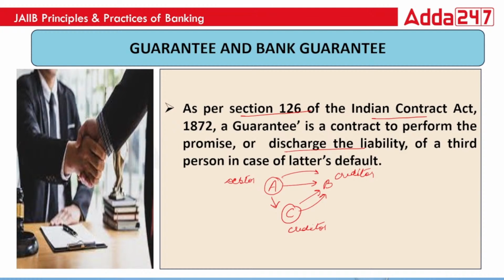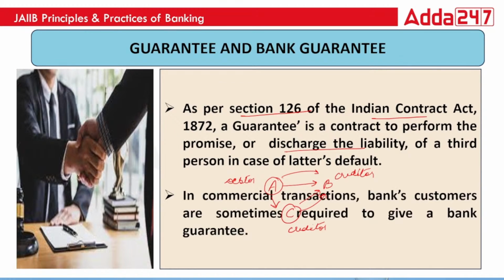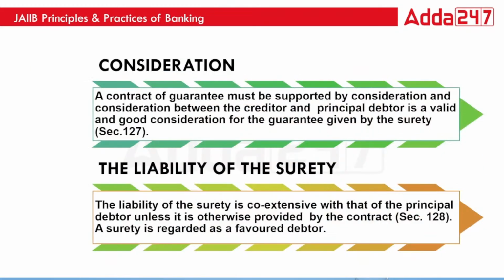Now C becomes the creditor and A is liable to make payment to C. So this is a contract of guarantee, given in Indian Contract Act Section 126. In commercial transactions, bank customers are sometimes required to give a bank guarantee.